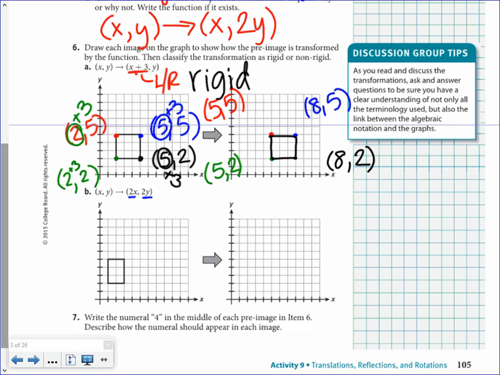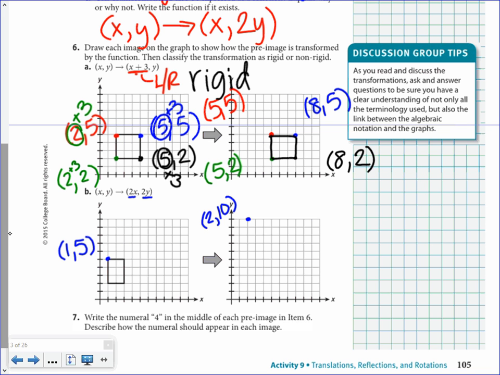So, our top left corner of our rectangle is currently at 1, 5. So if we multiply both of those values by 2, we are going to end up with 2, 10. So this is where my top left corner should go.